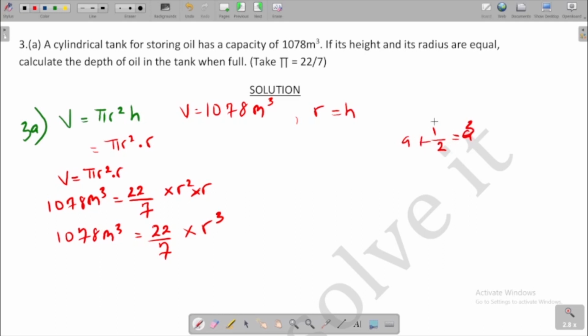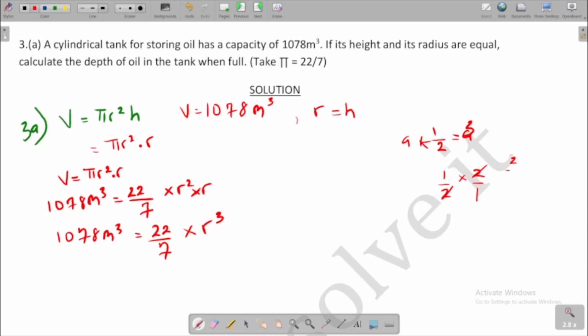For us to take this away, we need another number that can multiply this to give us 1. So 1 over 2 times 2 over 1, 2 here, 2 here, to give us 1. That is the inverse of this. We multiply with it to give us 1.